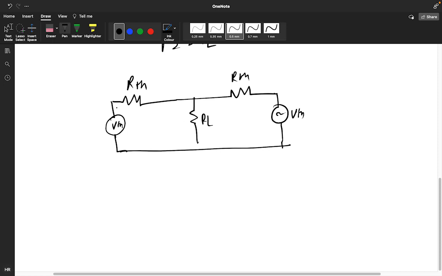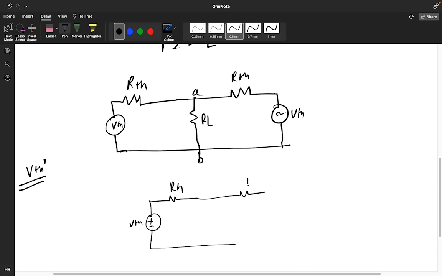Okay guys, so now you will calculate your new Thevenin's equivalent across this AB point. If you are considering your new Thevenin's equivalent across this AB point, the new circuit will be like RTH, this is your VTH, positive negative, this is your RTH, and this is your positive negative VTH.